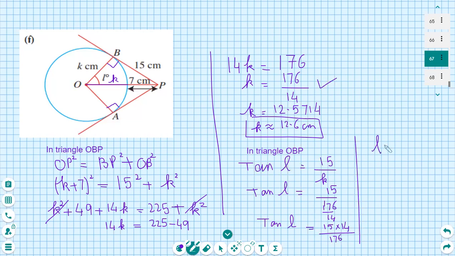So L will be equal to tangent inverse of this whole expression, 15 multiplied by 14 over 176. So L is equal to 50.0 degrees. So this is the final answer.